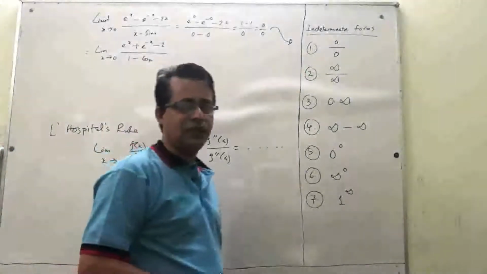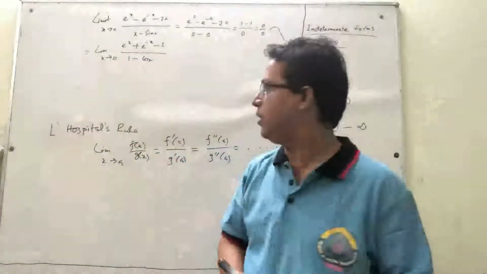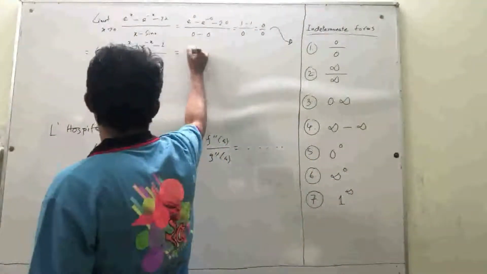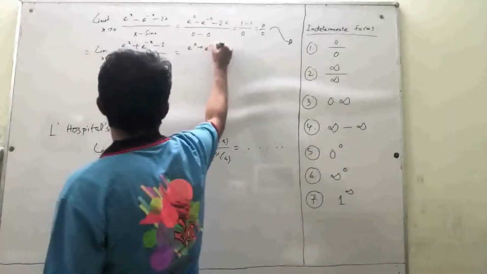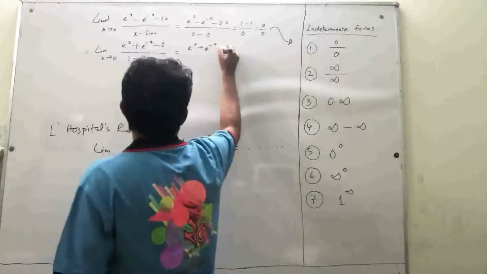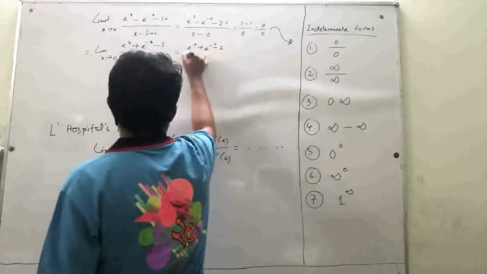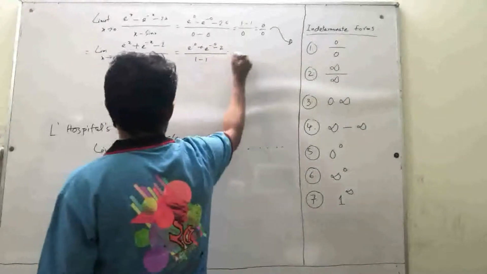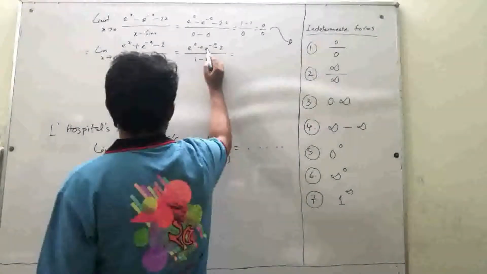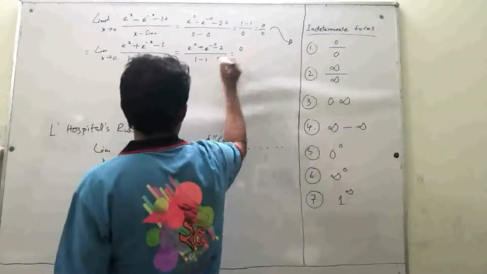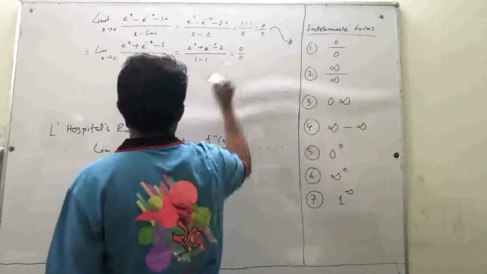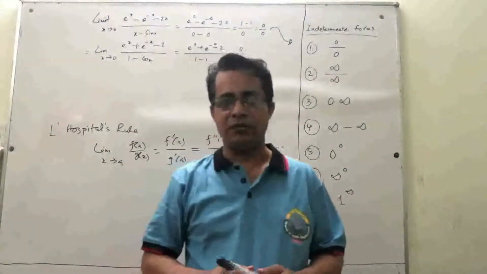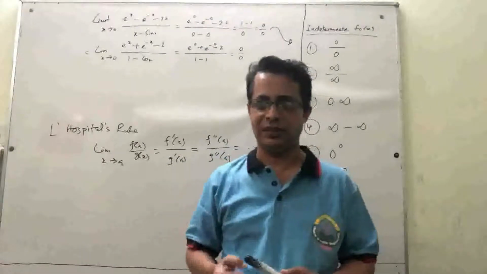Again, we will have to check the value of the function at x equal to 0. Let us see that e to the power 0 plus e to the power minus 0 minus 2, divided by 1 minus cos 0. 1 plus 1, 2 minus 2, that is 0. 1 minus 1, 0. So we see that the indeterminate form remains unchanged.